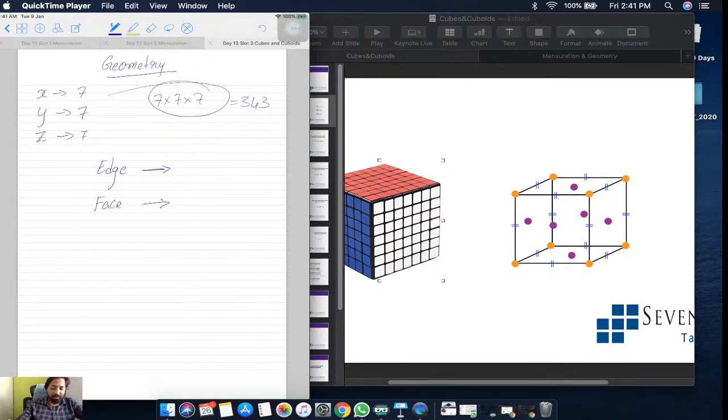Yes, Prajwal, right. An edge represents a line. How many dimensions is a line? One dimension. What does a face represent? Good, an edge is a line, one dimension, and a face is an area. And how many dimensions is an area made up of?